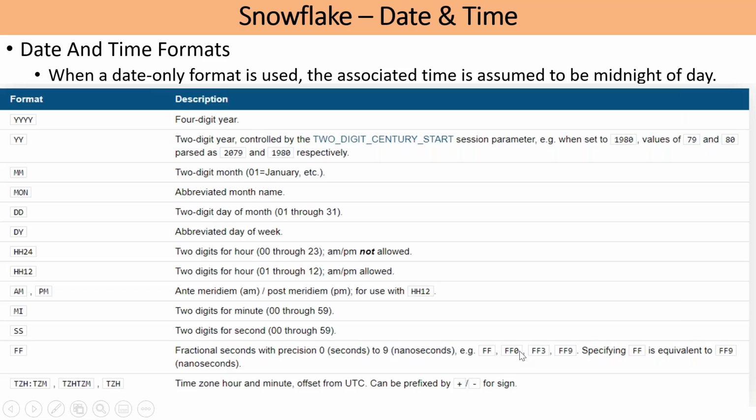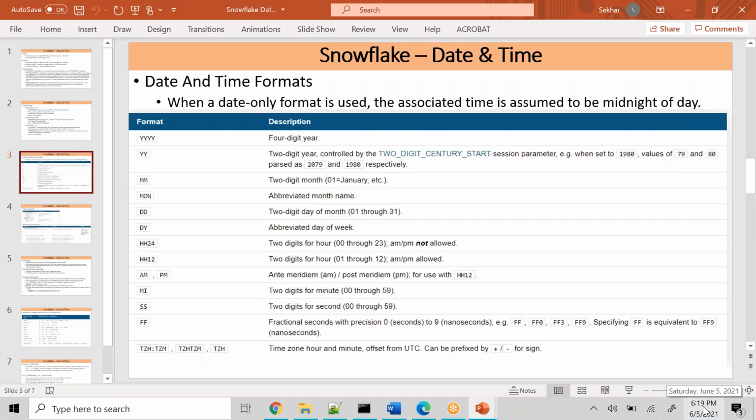If you say FF0, it prints only 0. That means if the time is now 18:19, and the seconds are some 30 seconds, then colon FF0 will give you only 1 nanosecond.